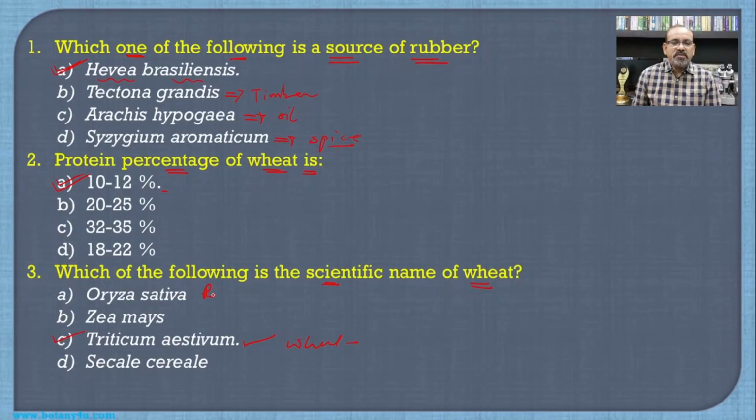Oryza sativa is rice or the paddy. Then Zea mays is the maize plant, and Secale cereale is the rye plant. So these are the different plants, out of which the wheat plant is Triticum aestivum.